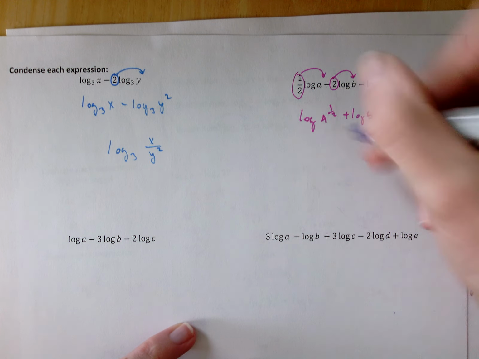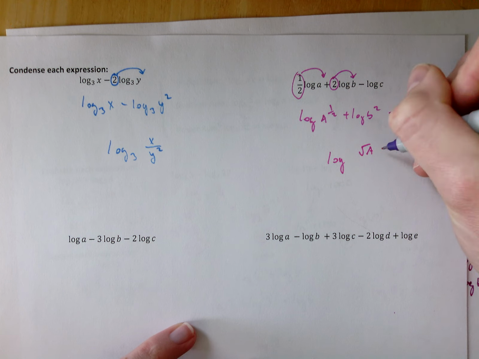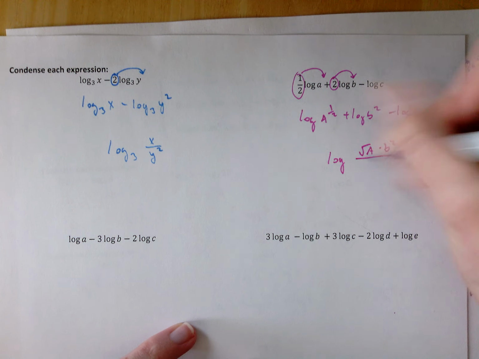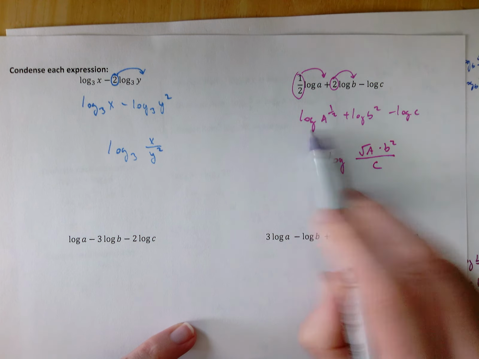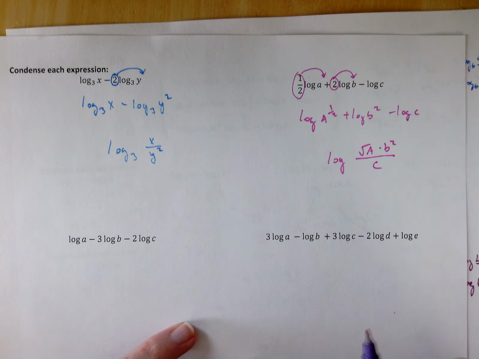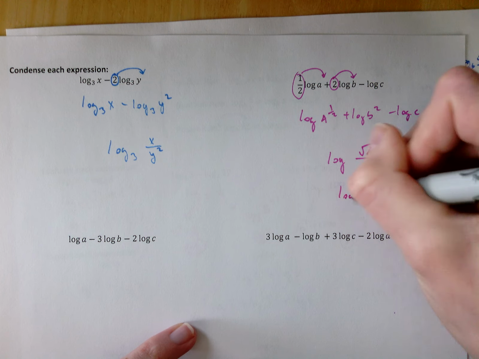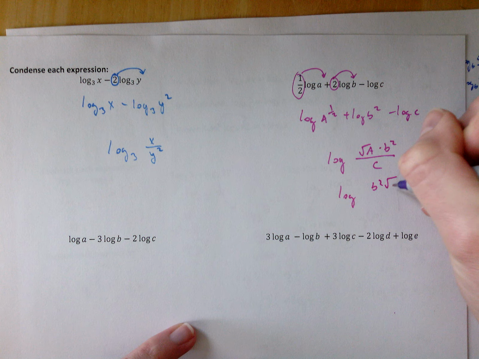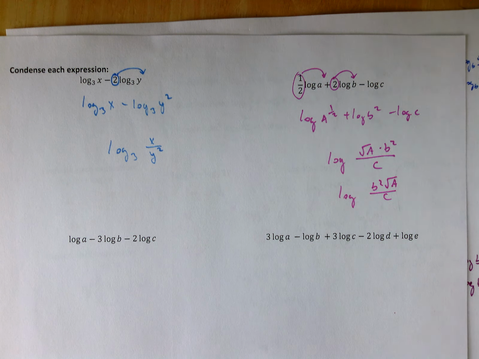So when I put all this together, I'm going to write it as log of the square root of a times b squared, and then divided by, because we're subtracting, c. So the two things that are positive go in the top, and the thing that's negative goes in the bottom. All right, and then typically with something like this, we would actually rewrite it as b squared times the square root of a. So the square root's in the back. That's conventionally just kind of how we clean those up.